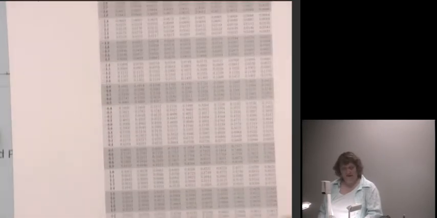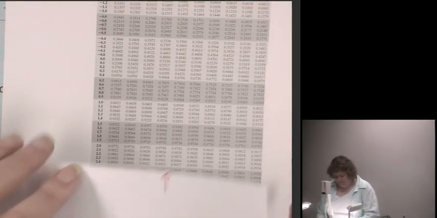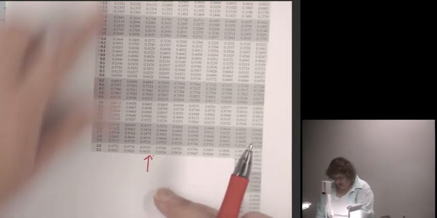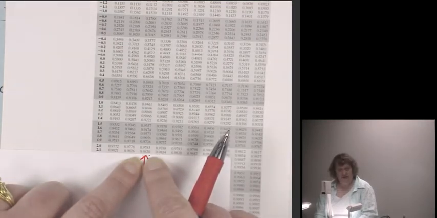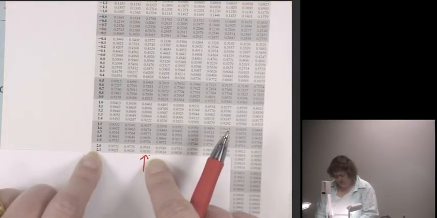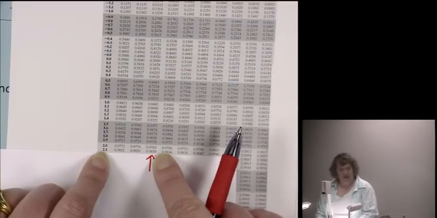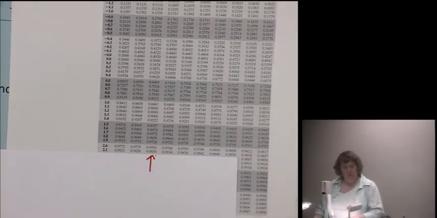We'll look up one number at a time, and I'm going to look up the 2.12. 2.1, the first two digits, and then 2, and that gives me 9830. 2.1 and then down the column to be 9830. Well, we want to see what area that really is. Remember that this gives me, I can't emphasize it enough, the area to the left.